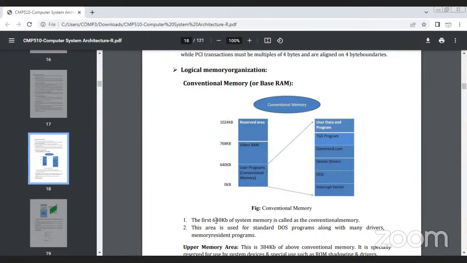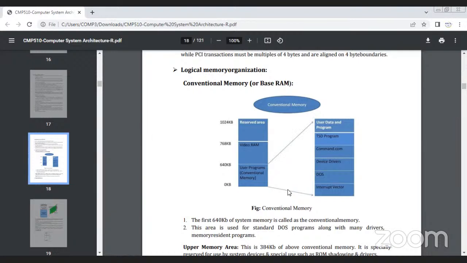In that, the first 640 KB of the system memory is called the conventional memory. The first 640 KB of the total random access memory is known as conventional memory. This area is used for standard DOS programs along with many drivers and memory resident programs.